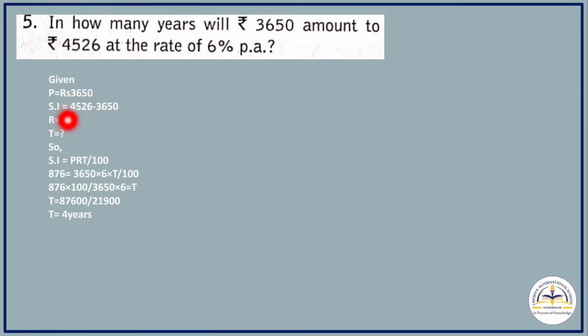Now we can calculate the simple interest by subtracting them, that is 4526 minus 3650, and the rate is also given, that is 6%, and we have to find out the time in years. Now SI equals PRT divided by 100. Now again we will put the values and we will keep T the same, and when you solve this, you will get the answer, that is 4 years.